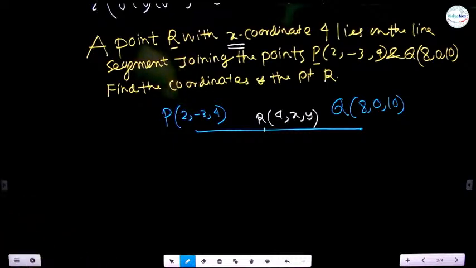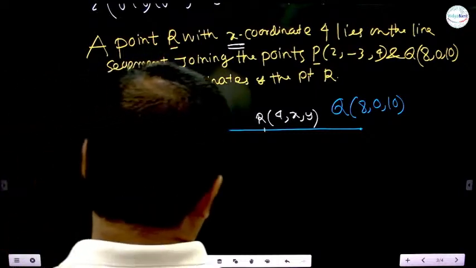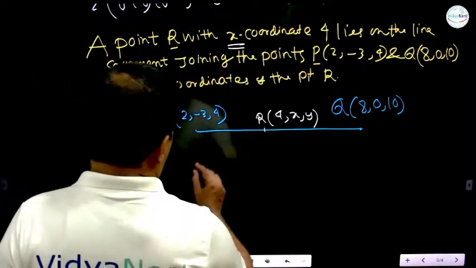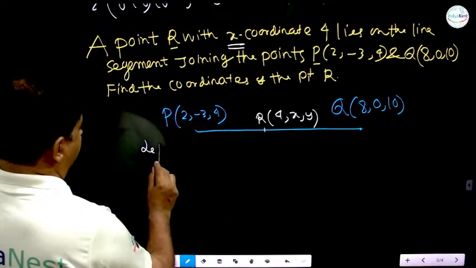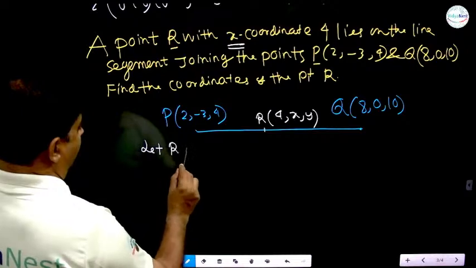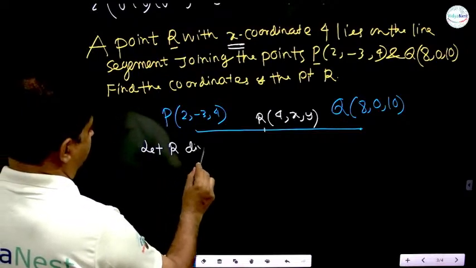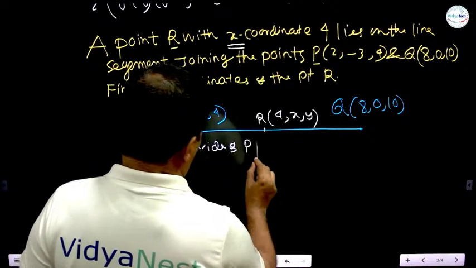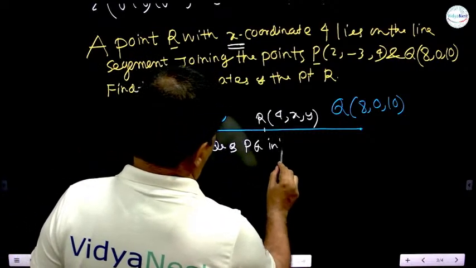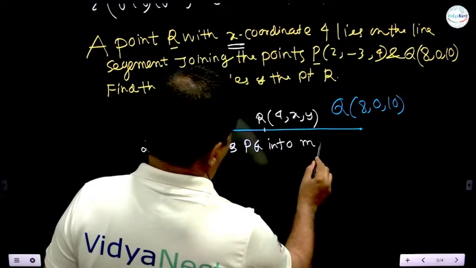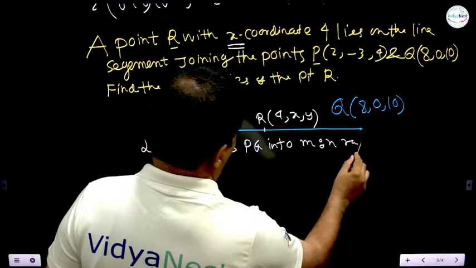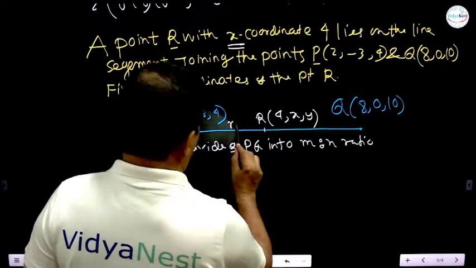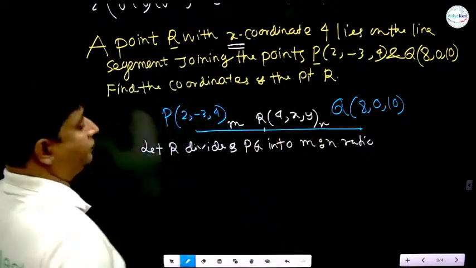Now see, let R divide PQ in the ratio m is to n, this is m, this is n.